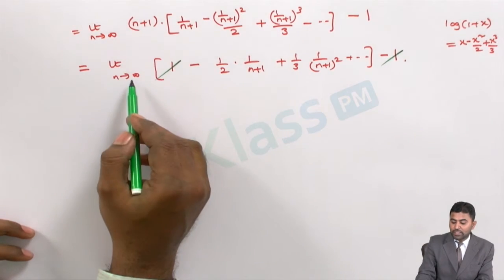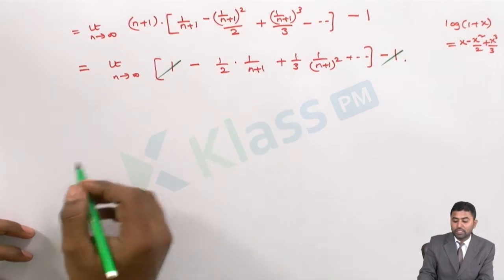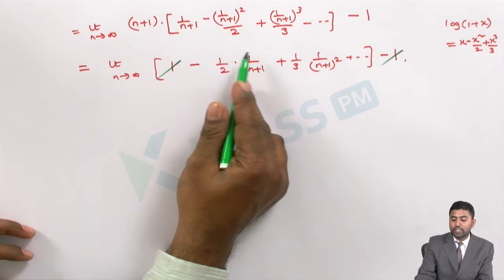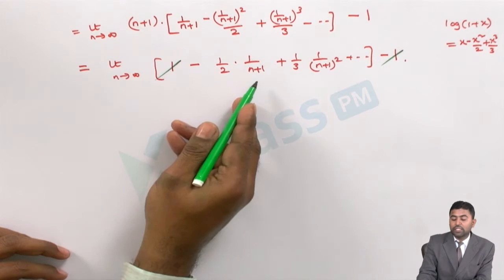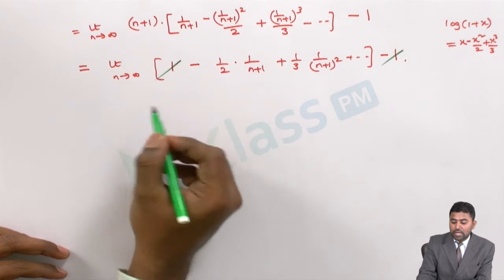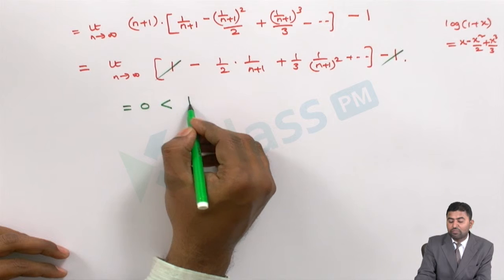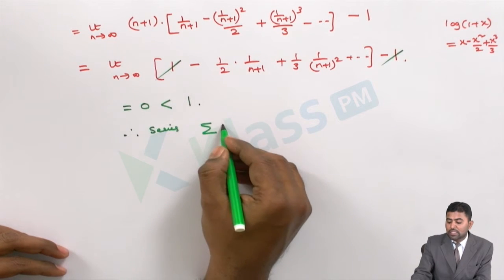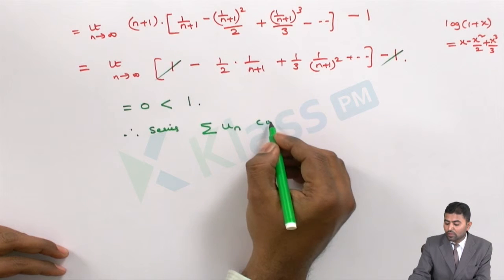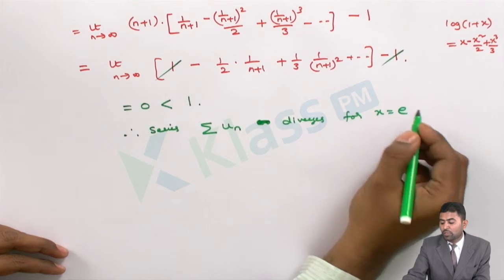So here, limit n tends to infinity, what are we getting as the answer? We are getting 1 by n plus 1, limit n tends to infinity, I am getting the answer equal to 0, which is less than 1. So therefore, the series summation un diverges for x equal to e.